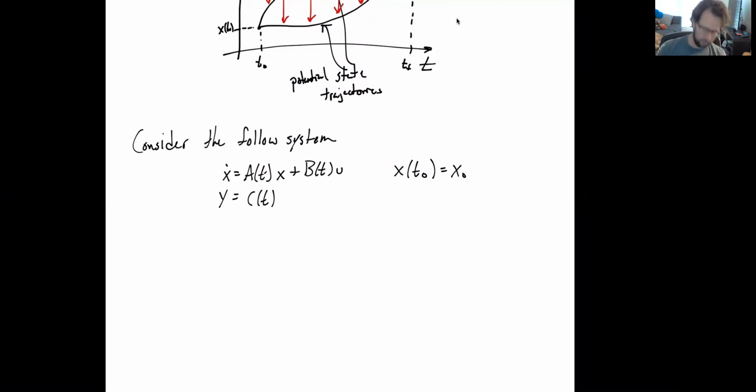Now there's a theorem that provides us controllability if we can find that a matrix called the Gramian, or controllability Gramian, is non-singular. Namely, this continuous time system is controllable, right? That's the goal.